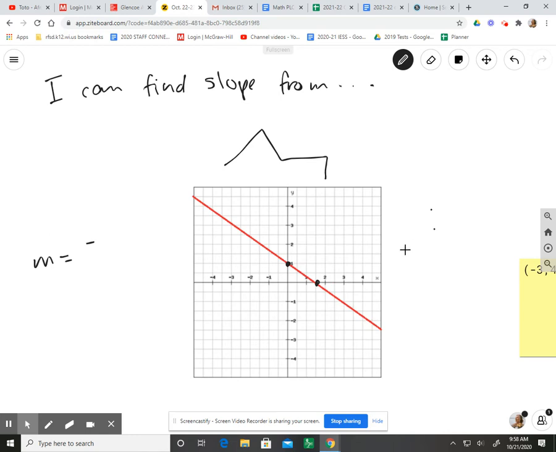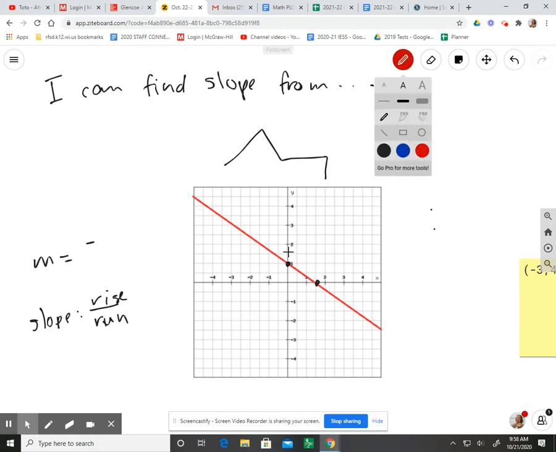So we found 2 points, and we're going to find the rise and the run, because slope is rise over run. To find our rise, I always say to start at the leftmost point. So we start at this point.